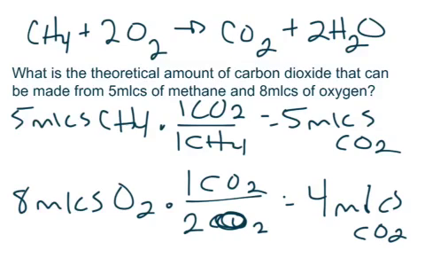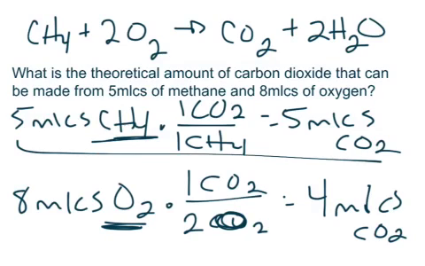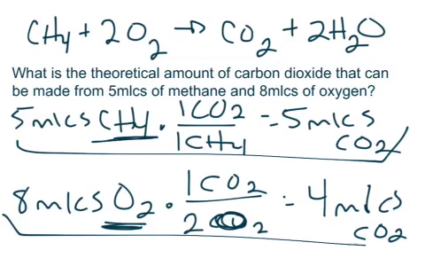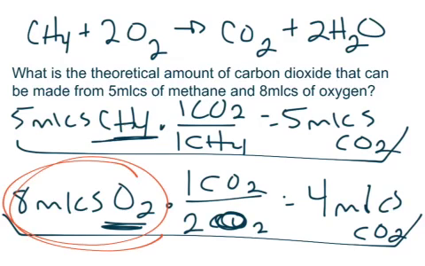So what we're looking at here is we've got both of these happening at the same time. We have enough methane to make 5 carbon dioxides, but we only have enough oxygen to make 4. So that means the oxygen is our limiting reagent, and the real value that we would predict of what we could make has to be 4 because we are not able to make 5. There's not enough oxygen to go there.